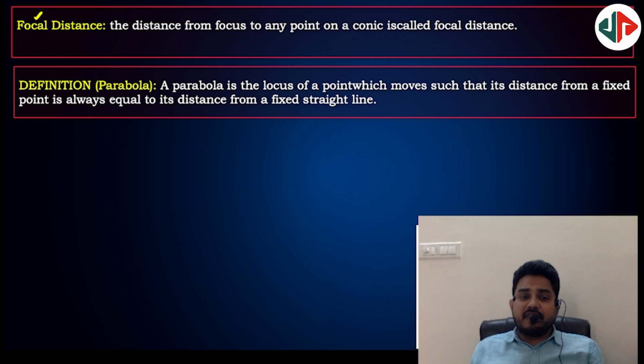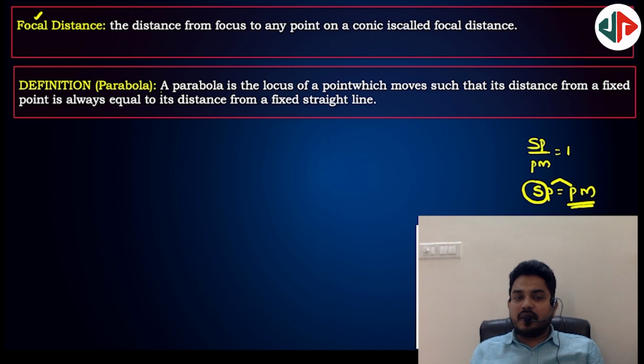What is the definition of the parabola? Eccentricity is 1, so SP by PM is equal to 1. What does it mean? SP should be equal to PM. P is a point equidistant from a fixed point and a fixed line.